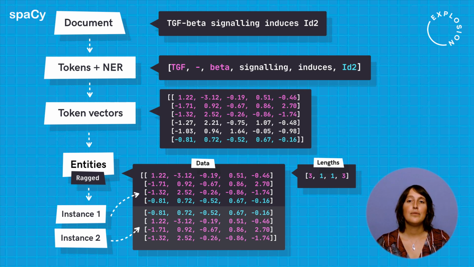The second instance represents the same relation but with subject and object reversed, so we add the same rows but in a different order. In addition to building this matrix, we also keep track of the lengths of each entity. The first entity has length 3, while the second has length 1, and so on.